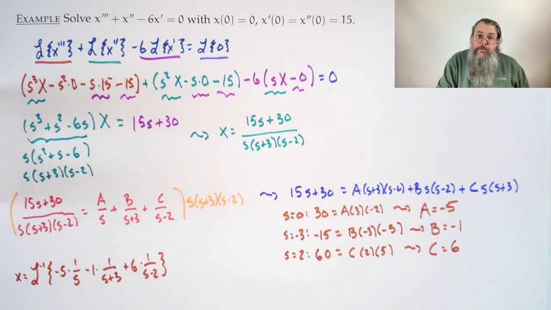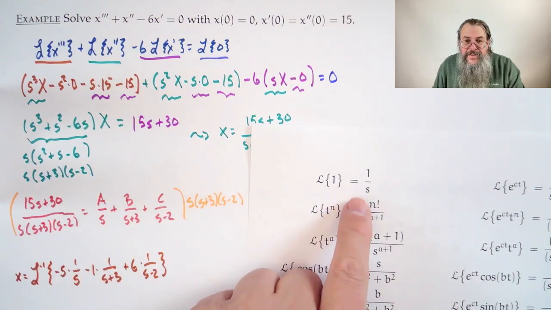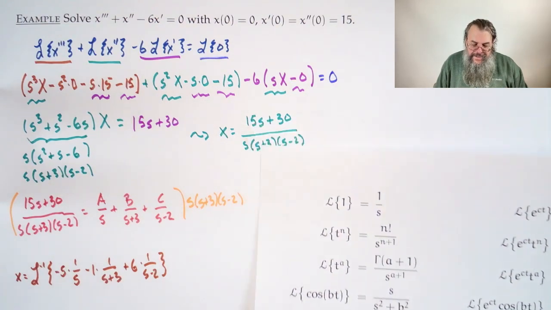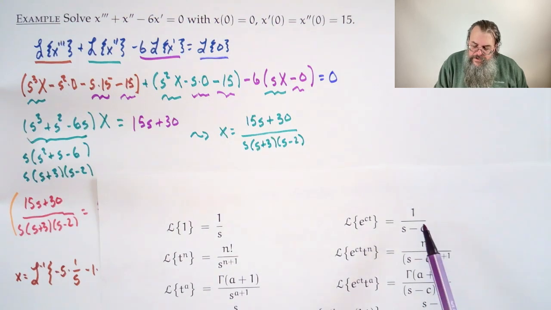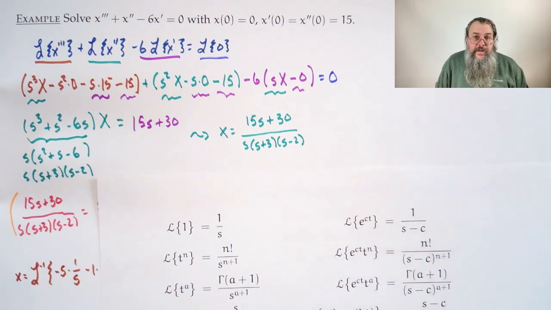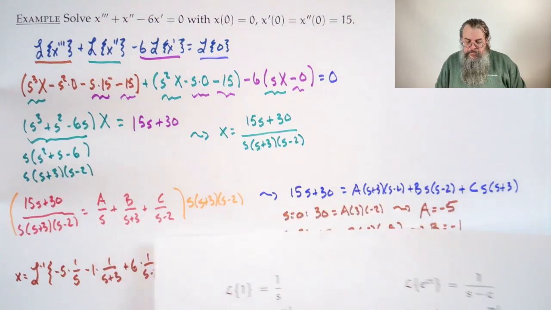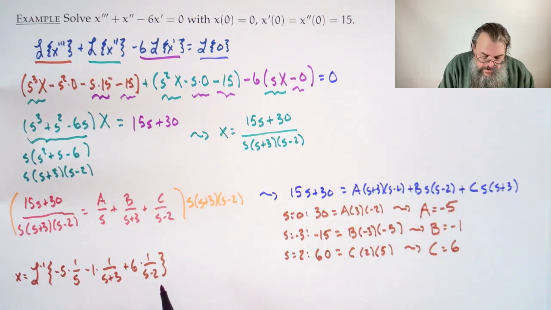And these are things that we know. So for example, 1 over s, that's near the top of our list. In fact, it literally is the very first thing on this list. It's 1. And these other things, if I say 1 over s minus something, that's an exponential, e to the ct. So we end up with here negative 5.